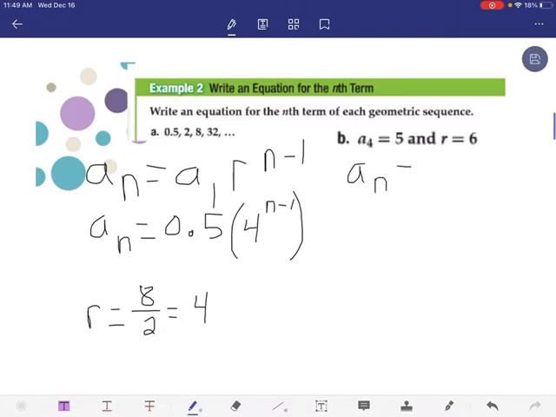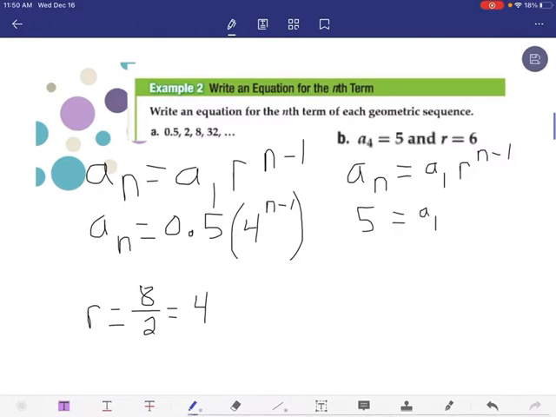Now our next one is a little bit different because notice they give us the fourth term this time instead of the first term. So we're going to have to do a little bit of work to find that first term this time. Now notice that they do give us the fourth term, so we're going to use that value, so that's going to replace our a sub n.